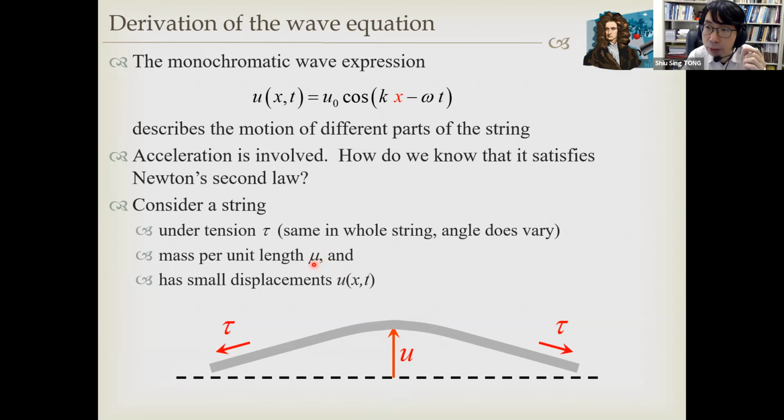So mu, the density, multiplied by the length always gives you the mass of that part. And we assume, as before, the displacement of the string is given by the function u, which is a function of both x, the position, and the time t. So these are our assumptions.